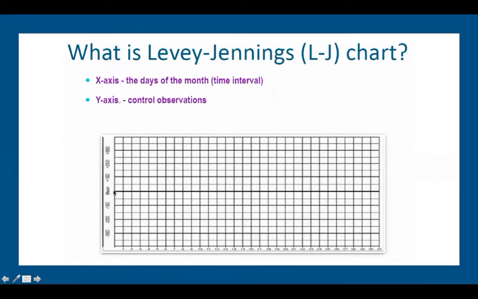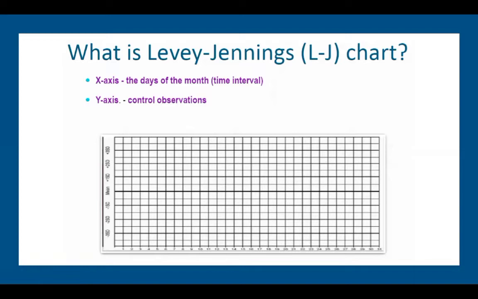At the point of intersection of the horizontal and vertical line, we write mean. Above that, 1 SD, 2 SD, 3 SD. Below that, minus 1 SD, minus 2 SD, minus 3 SD. Suppose the mean value is 100 and the standard deviation is 2.